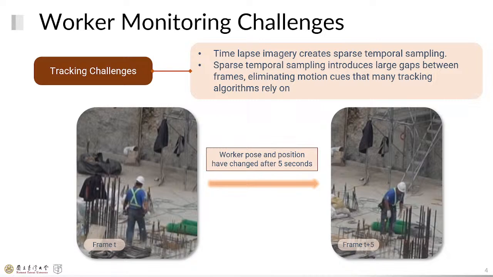the challenge is that the worker pose and position change between frames after several seconds. For example, in the first frame the worker is standing, but 5 seconds later, after several frames, the worker is already bending, or the position has already moved.